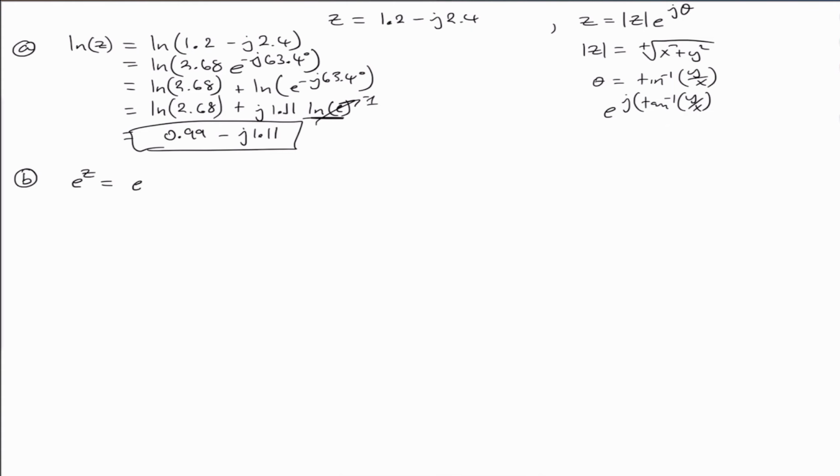That would be e to the 1.2 minus j 2.4, and we can use the multiplication property by saying that we add 1.2 plus a negative j 2.4, and that will give us e to the 1.2 times e to the negative j 2.4.